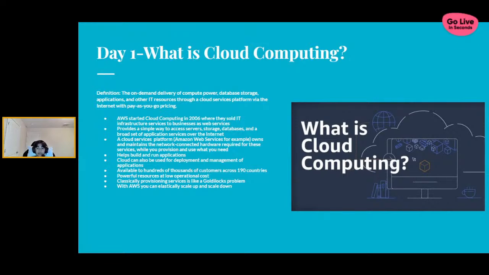And this provides a simple way to access servers, storage, databases, and a broad set of application services over the internet. A cloud services platform like AWS owns and maintains the network connected hardware which is required for these services, while you provision and use what you need to use.